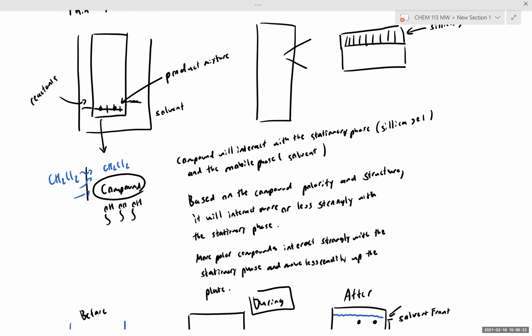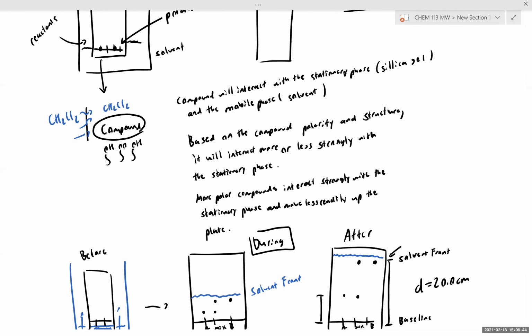Now, just like when we discussed column chromatography in the context of gas chromatography, based on your compound polarity and structure, it will interact more or less strongly with the stationary phase. Further, more polar compounds generally interact more strongly with the stationary phase and move less readily up the plate.